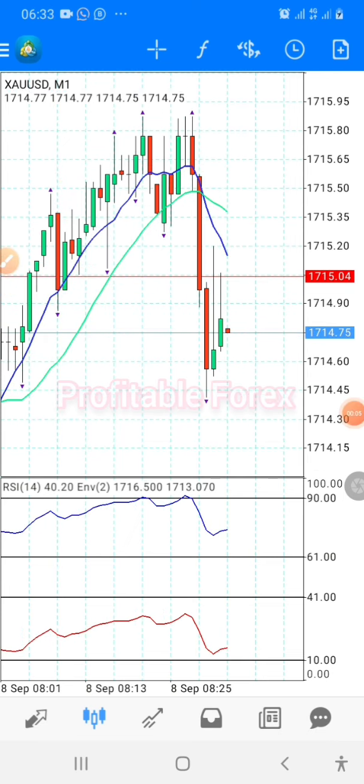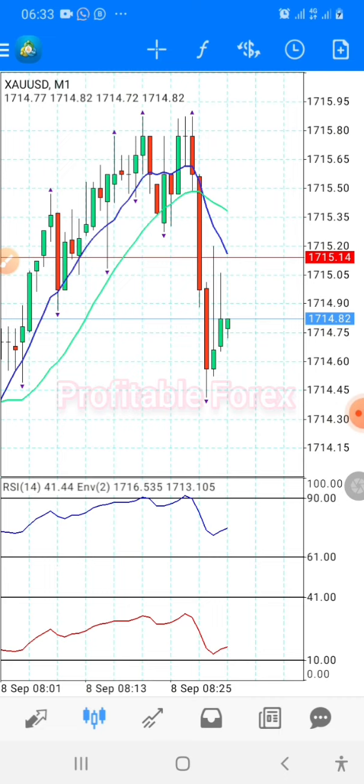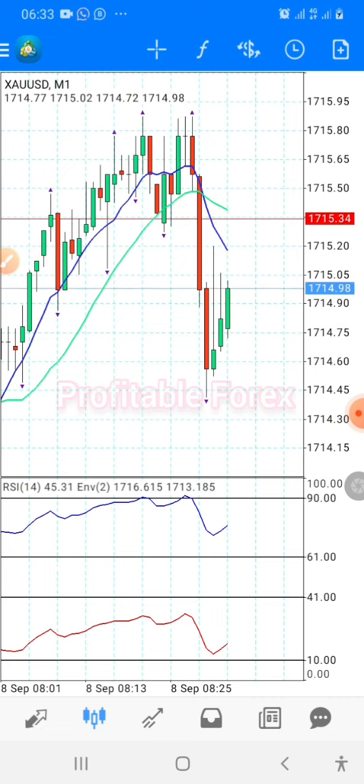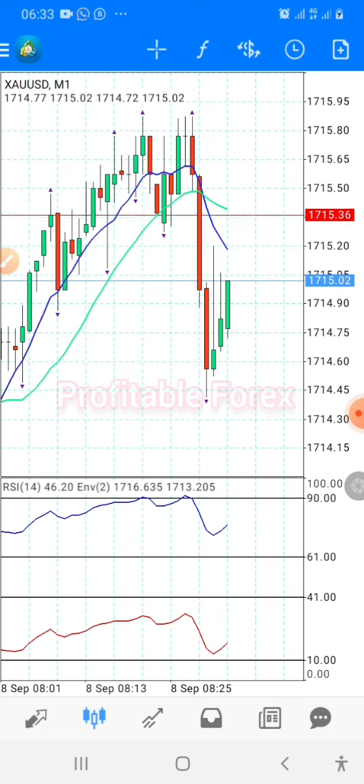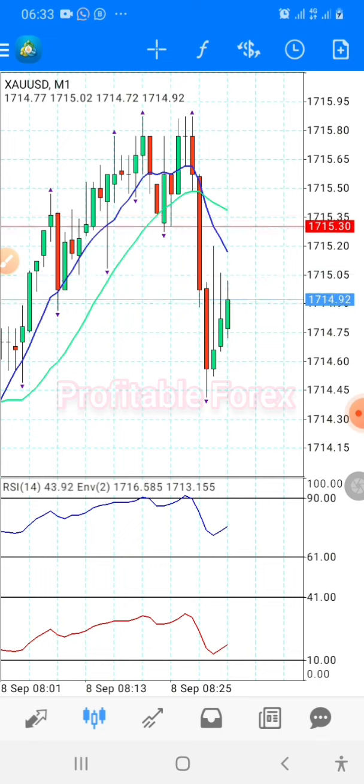Okay, so we've closed the trade. It's still gonna sell, but it's gonna retrace a little bit before it sells down again. While it's retracing, you don't have to lose the profit you've already secured, so you get out of the trade and wait for better opportunities to enter.